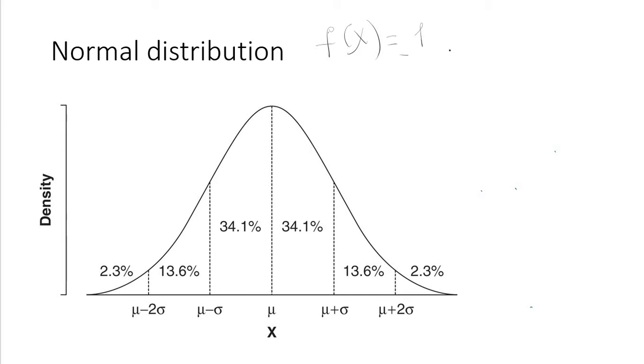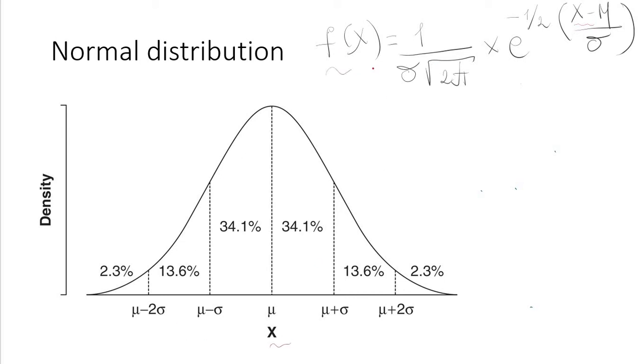It's equal to 1 over sigma times square root of 2 pi multiplied by e to the power of negative 1 over 2 multiplied by, in brackets, x minus mu divided by sigma. So in this equation, x is the value of the independent variable, and f of x is probability.